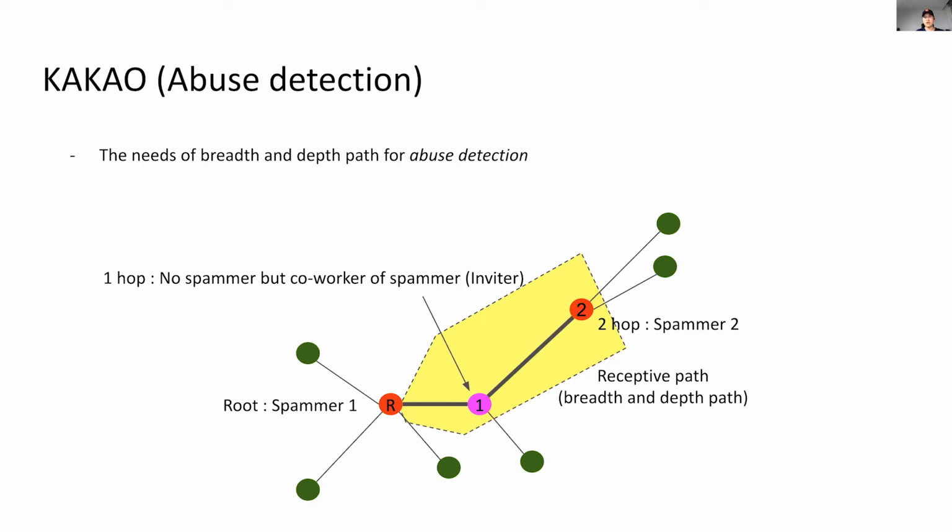In particular, when another neighbor connected to the coworker is a spammer, these 2-hop nodes provide great information to detect the root node as a spammer. Therefore, if we can find a receptive path in the Kakao friend network, we can use it on spammer detection well.